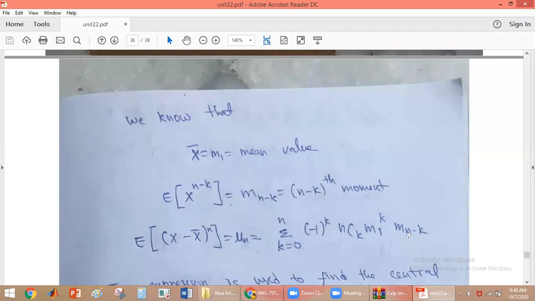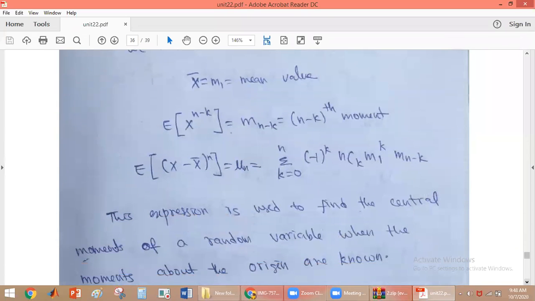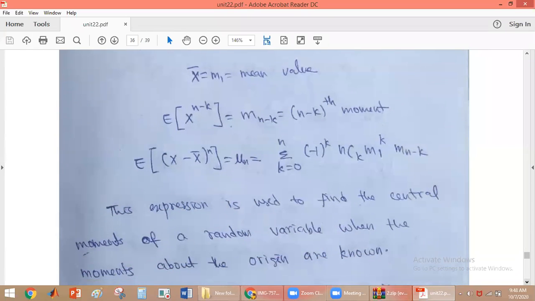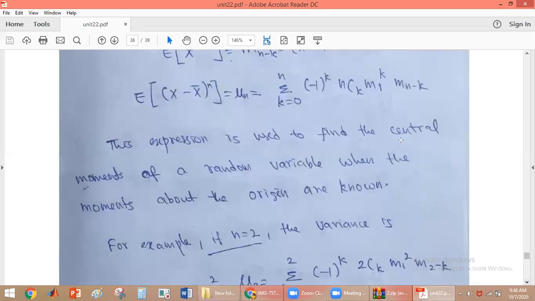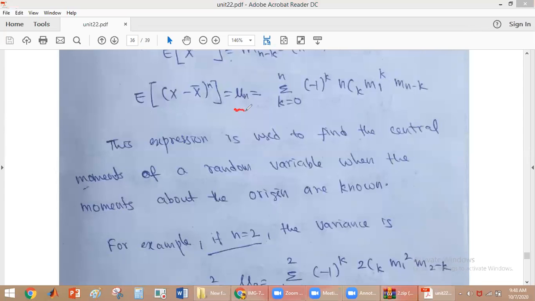This is the expression we use to obtain the relation between them. Mu is called the central moment, and m is called the moment about the origin.